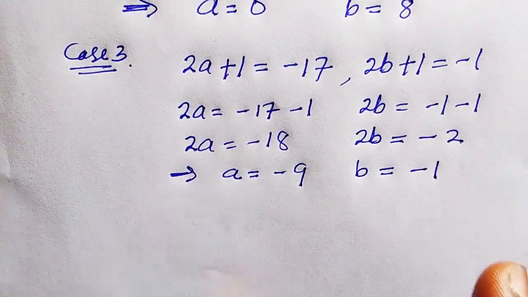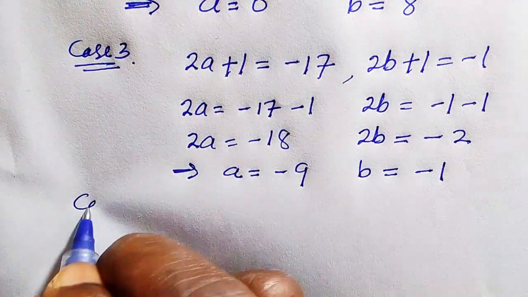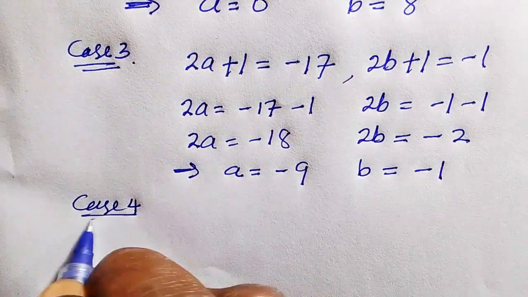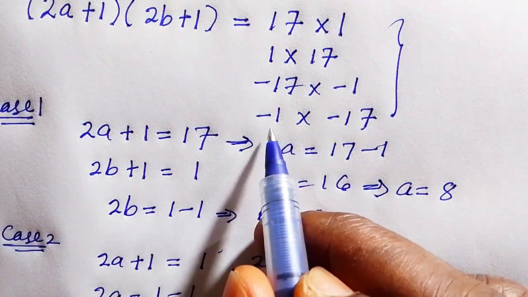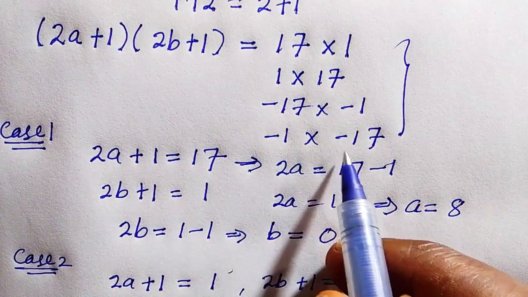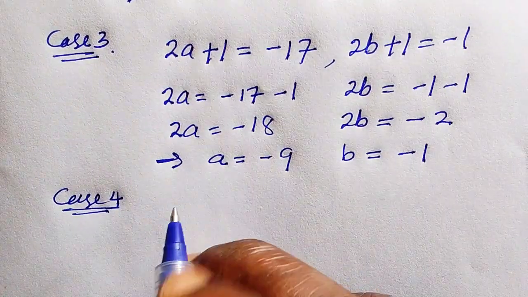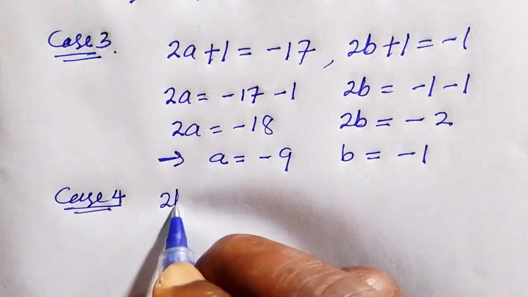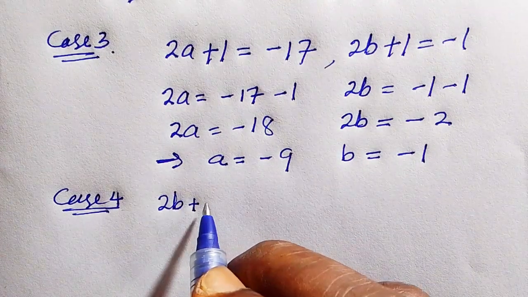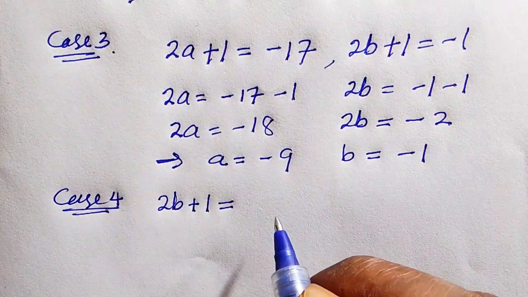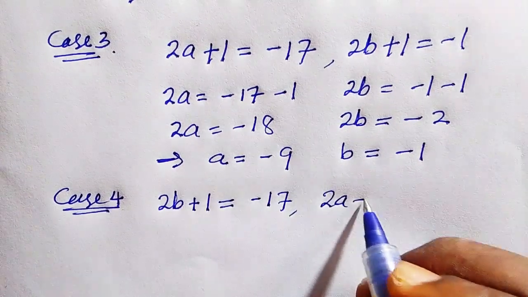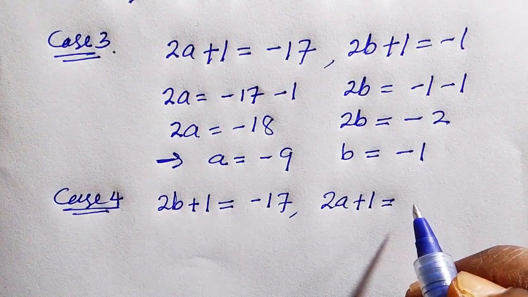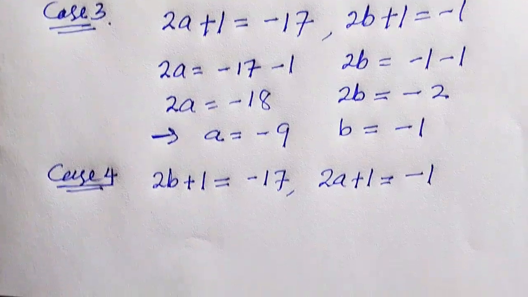And we have to verify the last case, which is case 4. When 2a plus 1 equals minus 1, we are going to get 2b plus 1 equals minus 17. So we have 2b plus 1 equals minus 17, and we have 2a plus 1 equals minus 1.